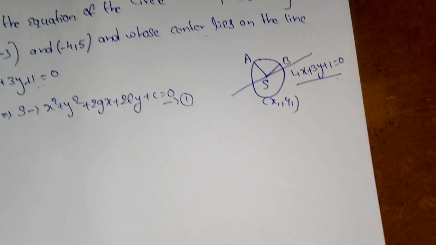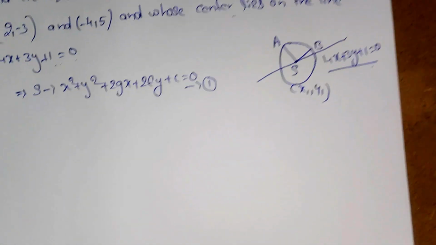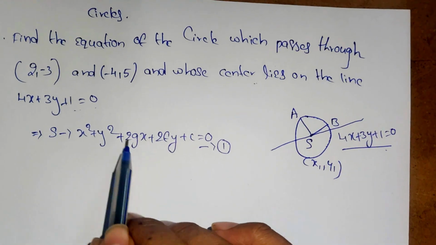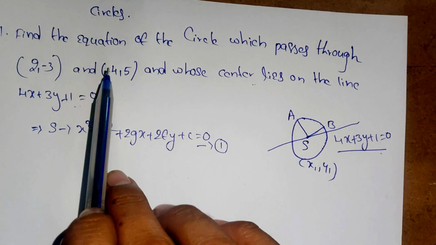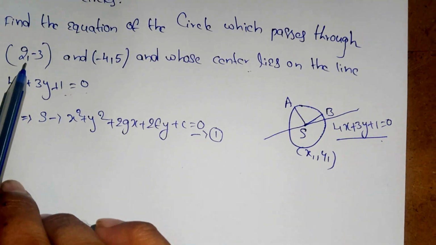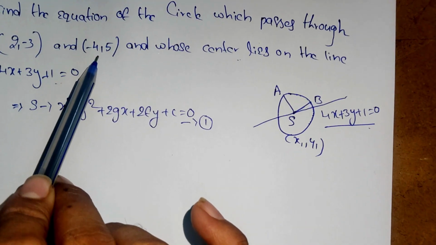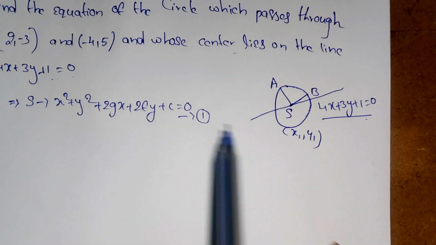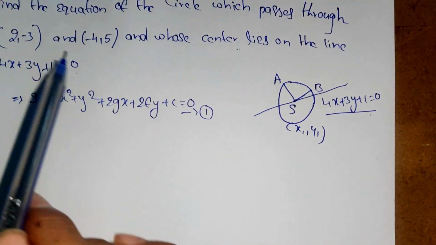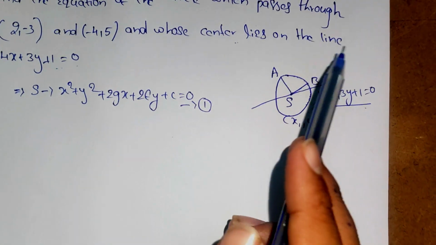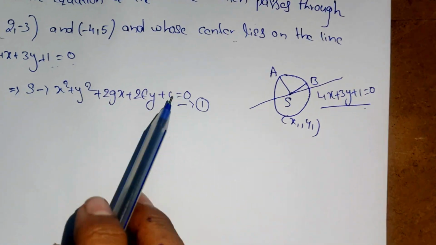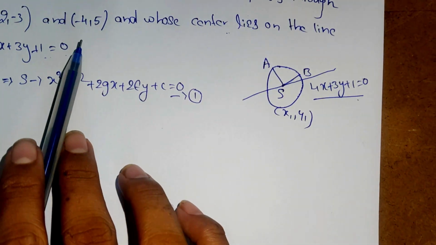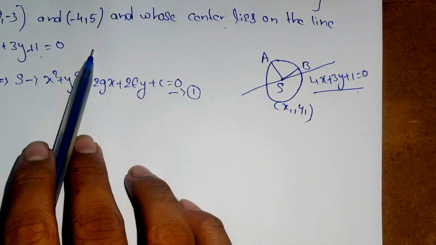The first method: let us assume the center S is (x1, y1), and the condition will be SA = SB = SC, where A is (2, -3) and B is (-4, 5). After that we get the center, and then it is easy to find the radius of the circle.